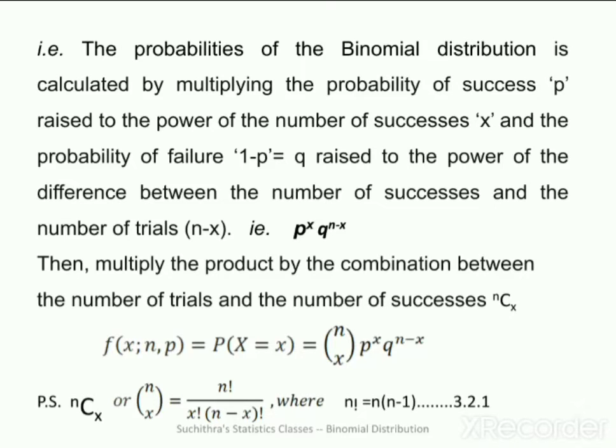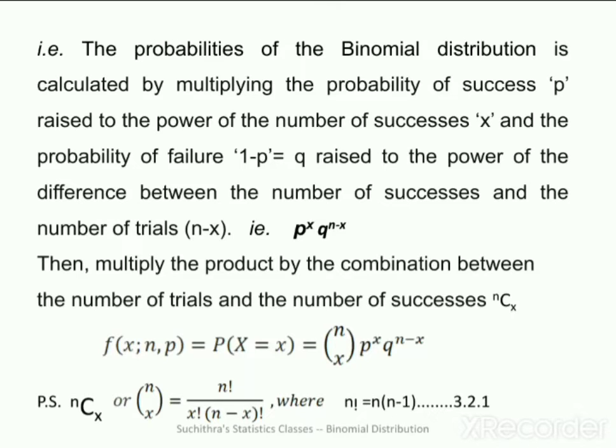Then multiply the product by the combination between the number of trials and the number of successes, that is nCx. So, f of x and p is equal to P of X equal to x is equal to nCx p raised to x q raised to n minus x.